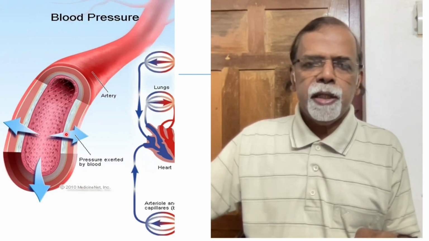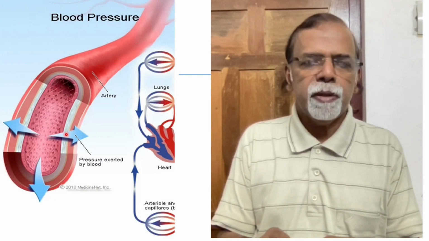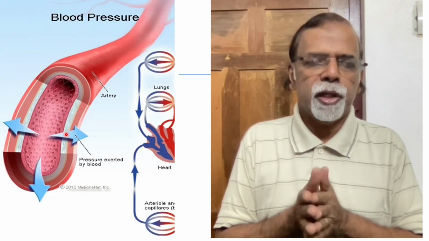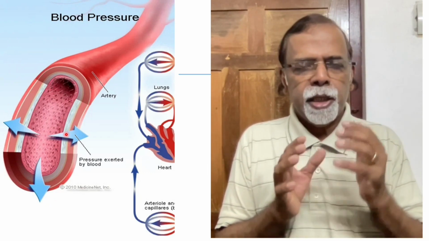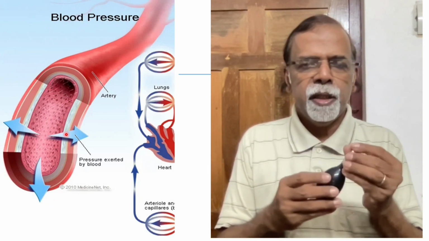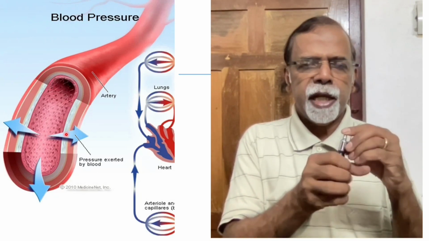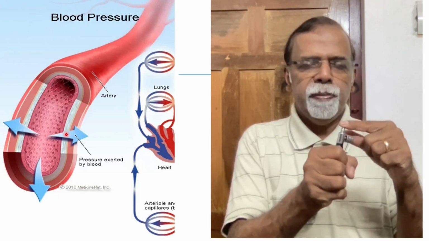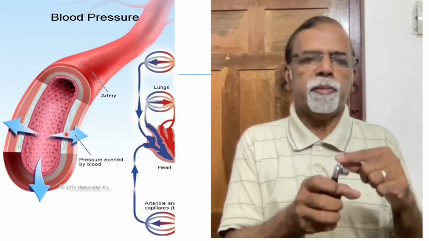And when you are writing the blood pressure, it is written as two numbers. One is called systolic and another is called diastolic. So what is meant by the systolic number? As I already said, the heart is pumping blood, and the blood pressure at the time of systole is called systolic BP.